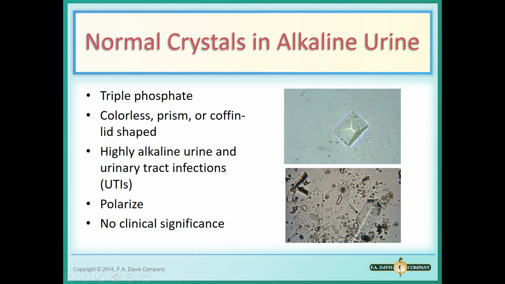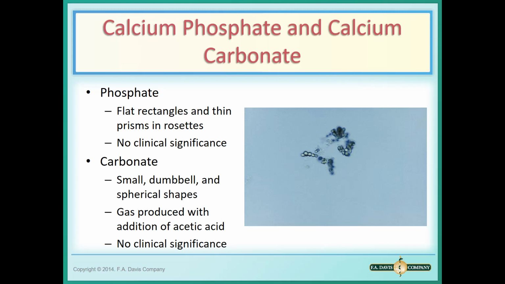And I think it's easy to see, instead of an X, this one has a Y shape, with the arms of the Y. It's like two Ys back to back in a very three-dimensional shape. They call it coffin lid, prism lid. It's usually colorless, very alkaline. We see this in UTIs often. Again, not clinically significant, but we do report it.